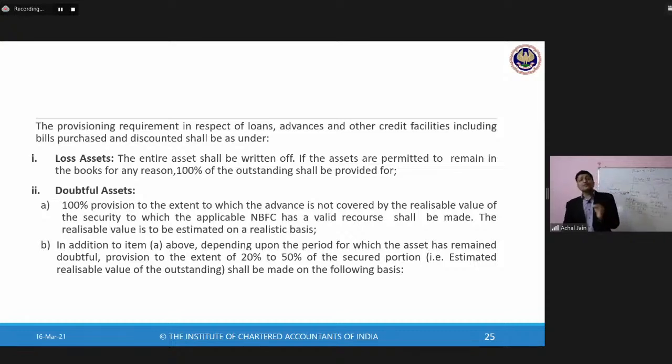Because to the extent of the value of this property, money may be realized. So let's suppose the loan given is 10 crore and the value of the property is 6 crore, then what should be the amount which will not be recoverable at all? 4 crore. And 4 crore therefore should be provided 100%.